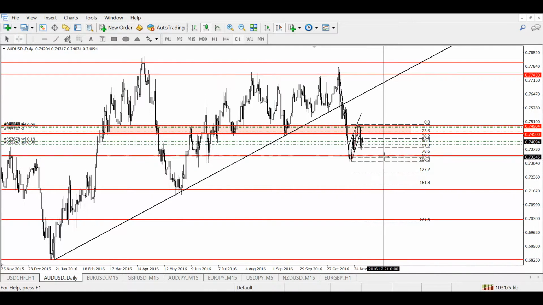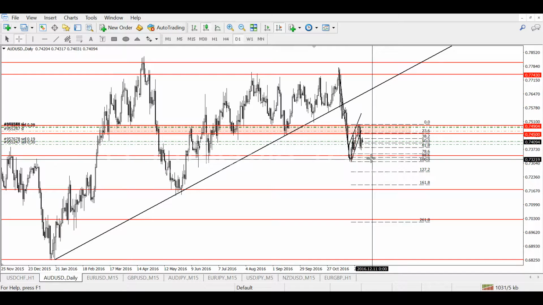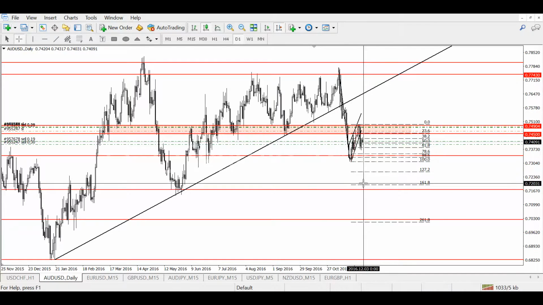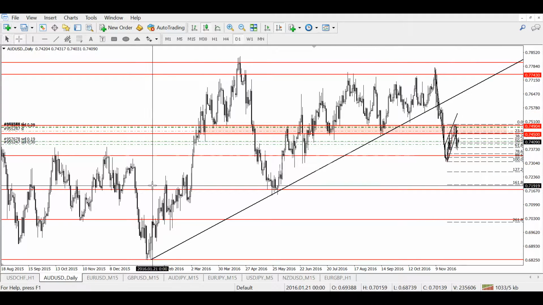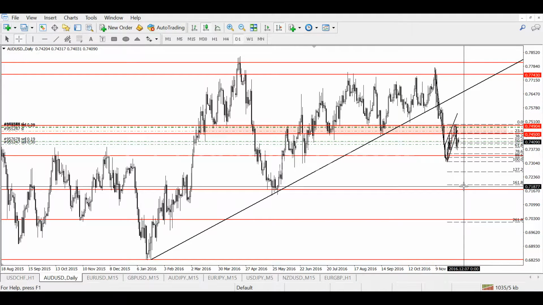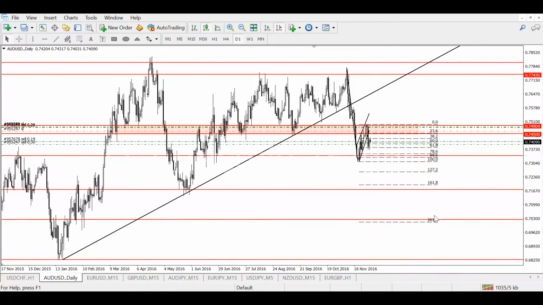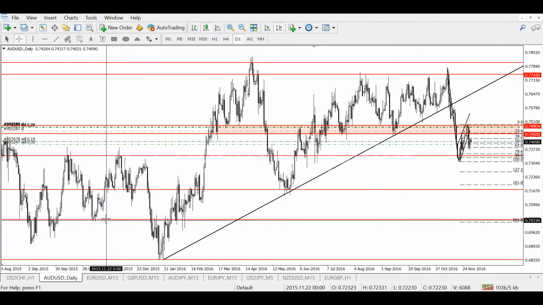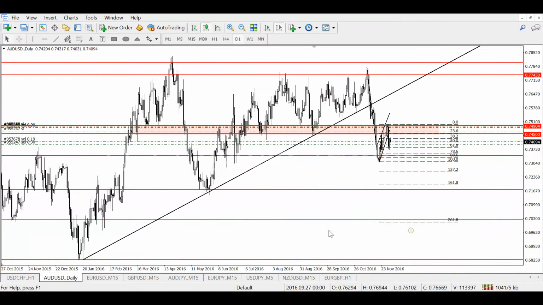So that gives me the first key take profit level, and the second one will be all the way to 161.8%, because that's the next key support level right here, slightly above it. And finally I'm looking at 261.8%, where the key support, turned resistance, turned support is.